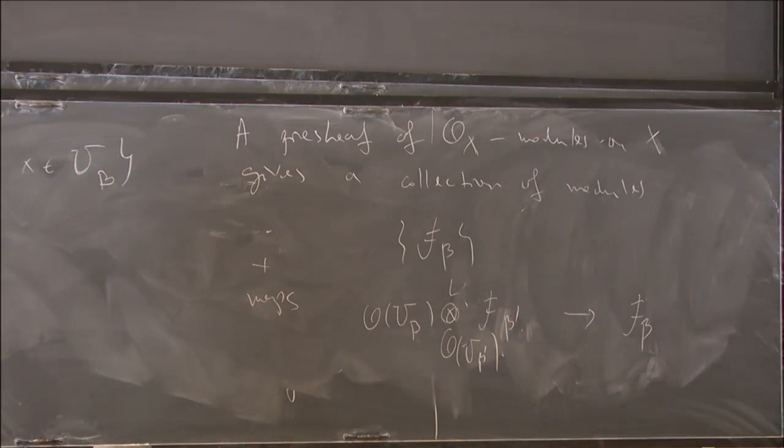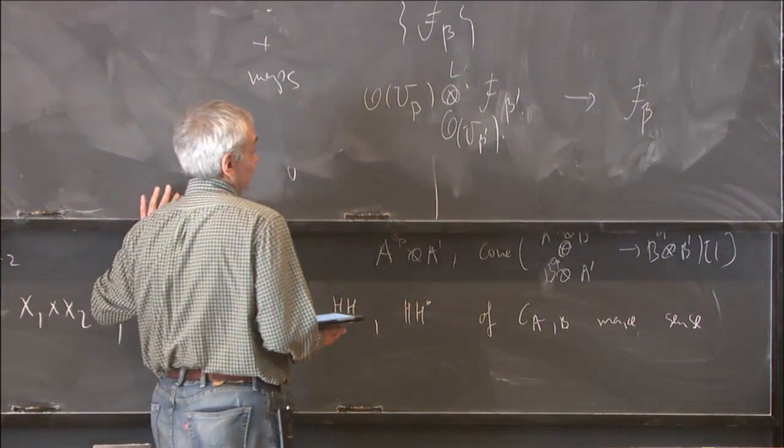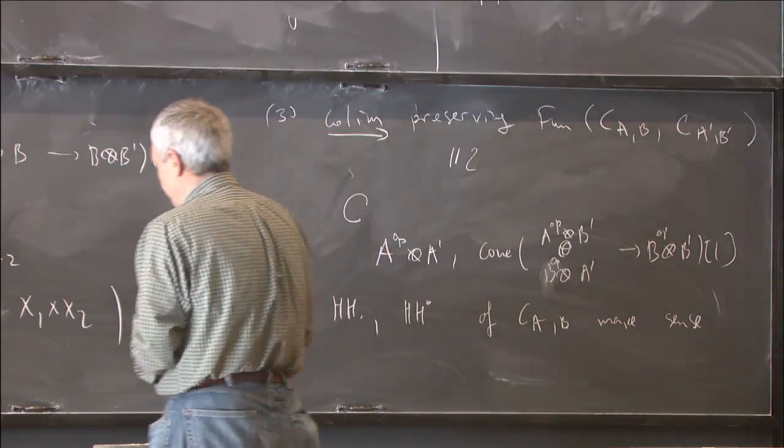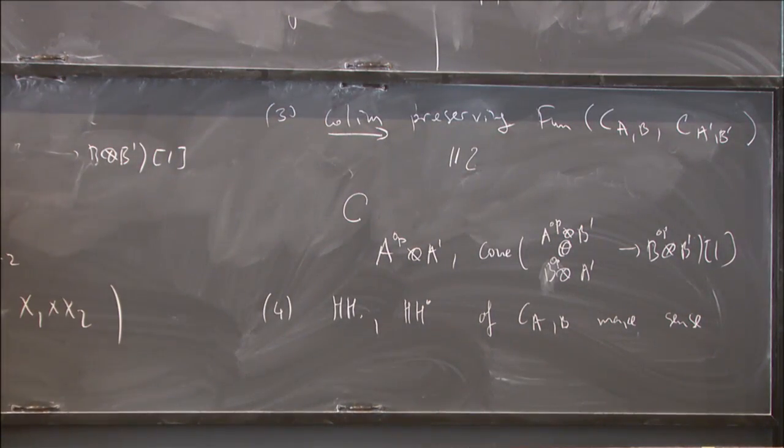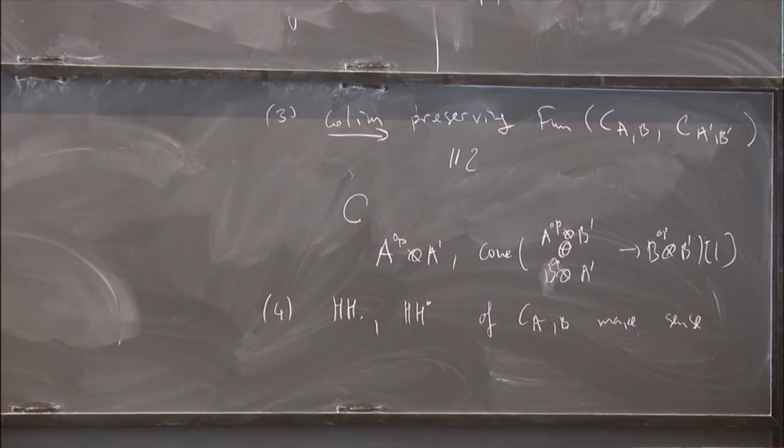And of course, if the pre-sheaf is a quasi-coherent sheaf, these maps are isomorphisms. Or a complex of quasi-coherent sheaves, then these are quasi-isomorphisms.